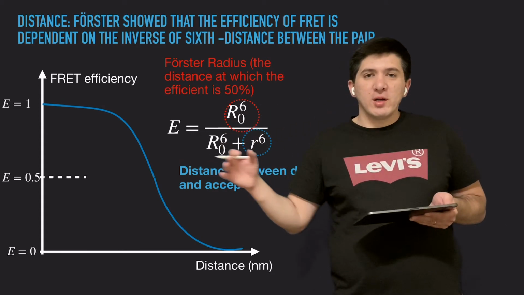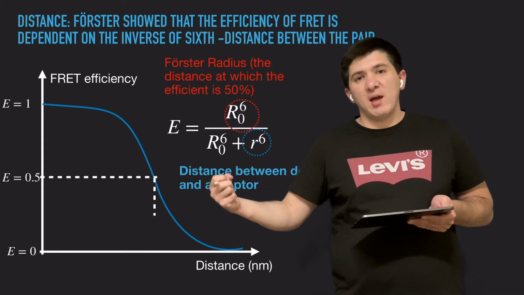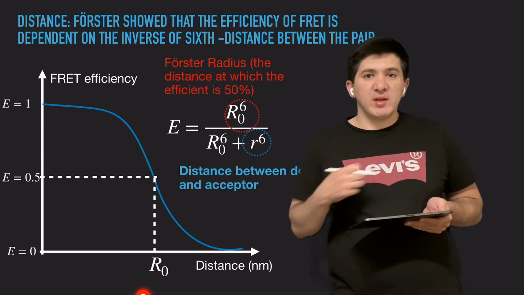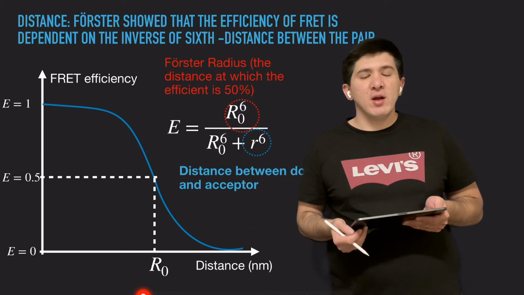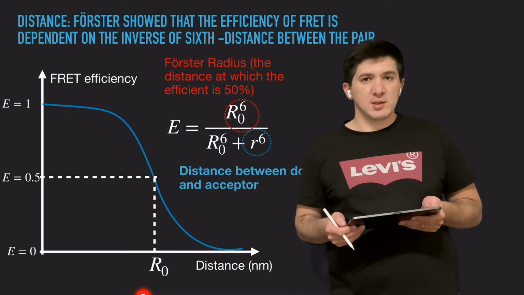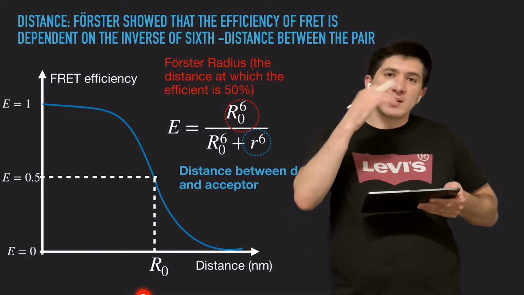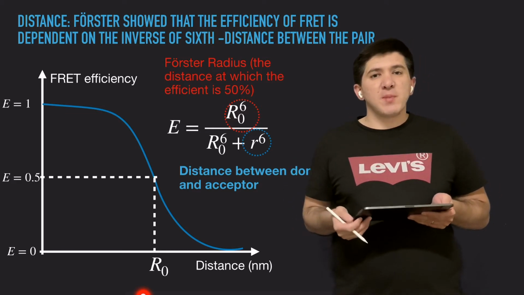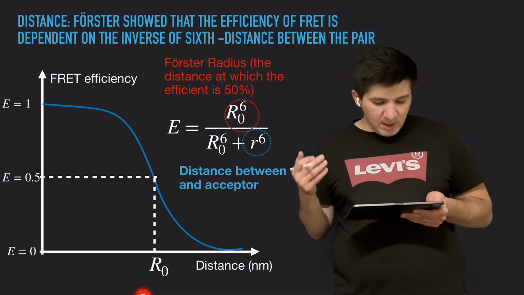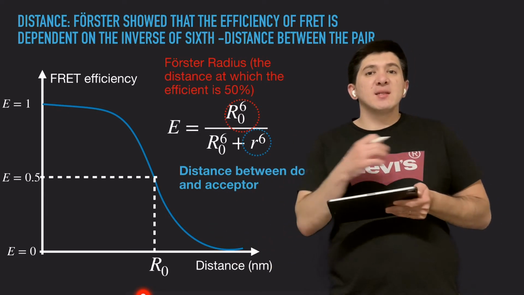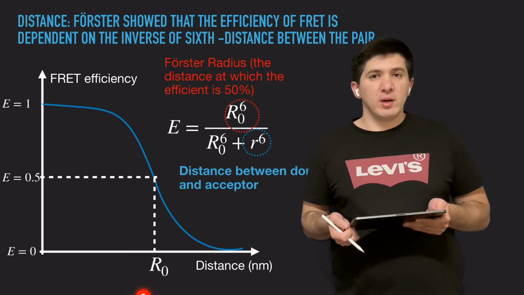If all of the donors have transmitted the energy, then the efficiency is going to be equal to 1. If none of the donors have transmitted the energy to the acceptor, then the efficiency is going to be equal to 0. So efficiency depends on the area of overlapping spectra, and the second factor which affects the efficiency is the distance between the donor and acceptor.